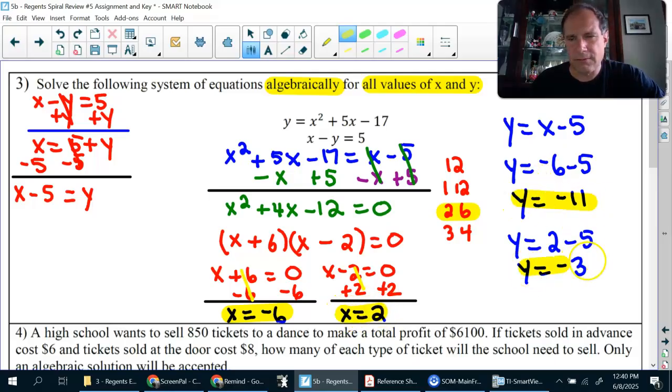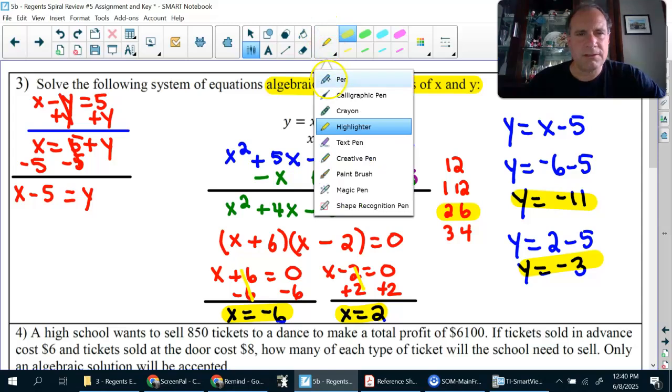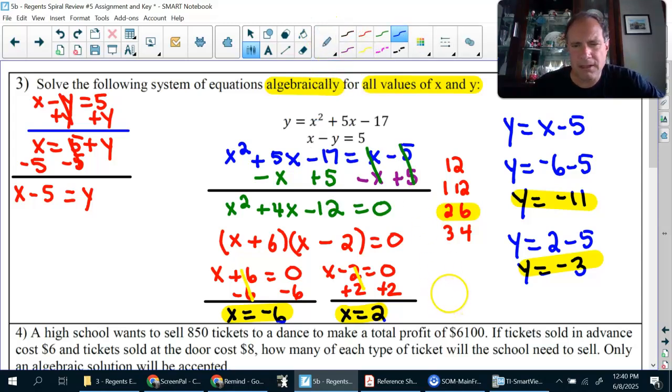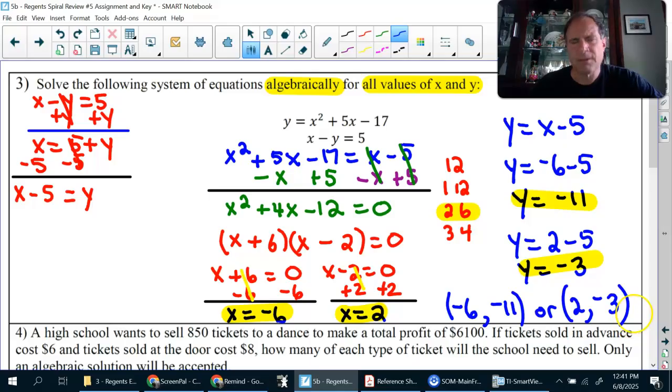These are the coordinates: negative 6, comma, negative 11, or 2, comma, negative 3. Just be careful when you write that down. It is negative 6, negative 11, or 2, negative 3.